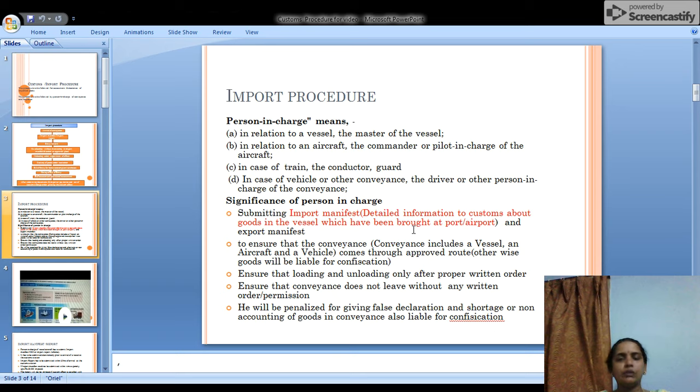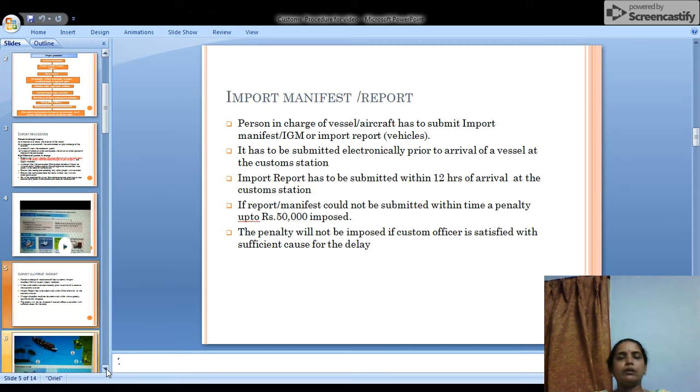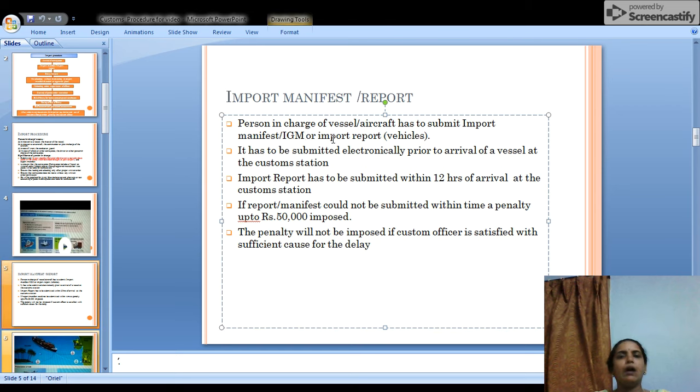So these are the responsibilities of the person in charge. After that, the import manifest or import report: the person in charge of a vessel or aircraft has to submit the import manifest, which we call IGM, the import general manifest, or an import report in the case of vehicles.